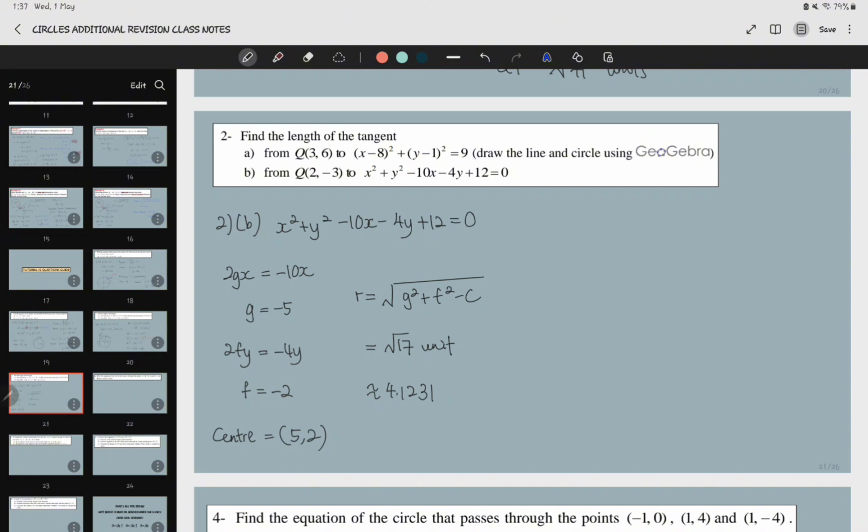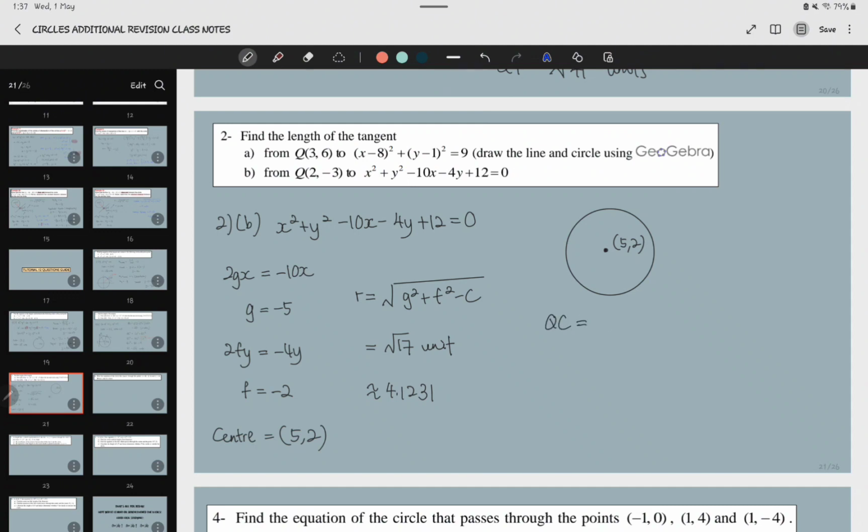Now sketch your circle. The center is here, with 5, 2. Now we are going to test whether Q lies on the circle, outside the circle, or inside the circle. So we will have to find the QC value first.